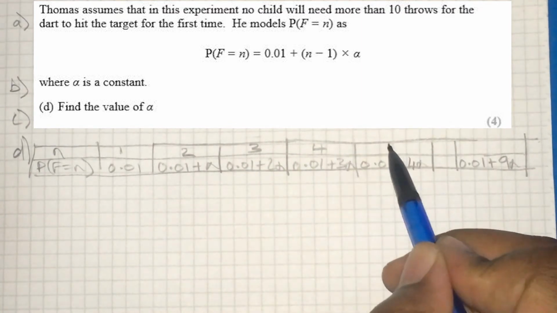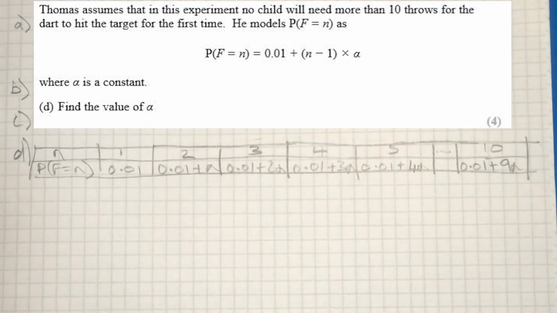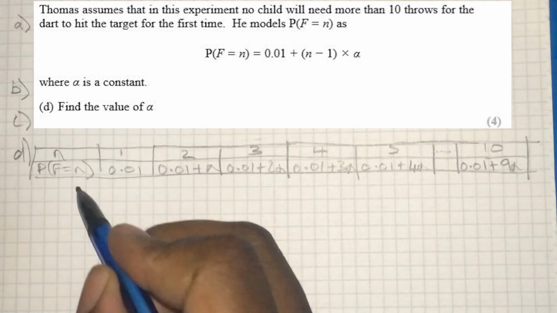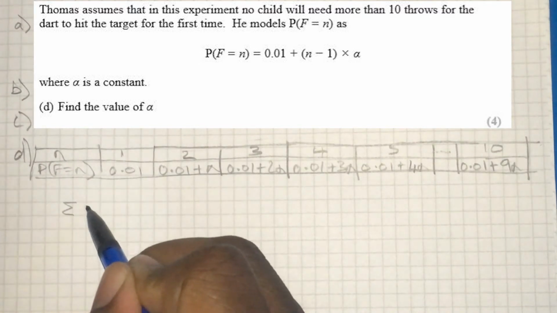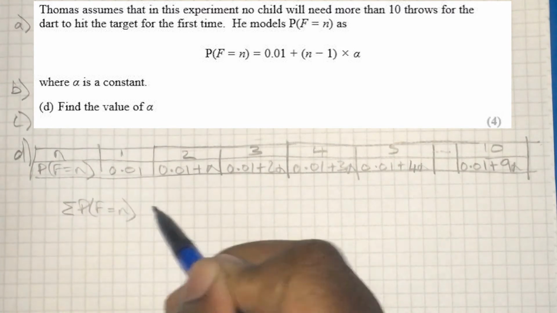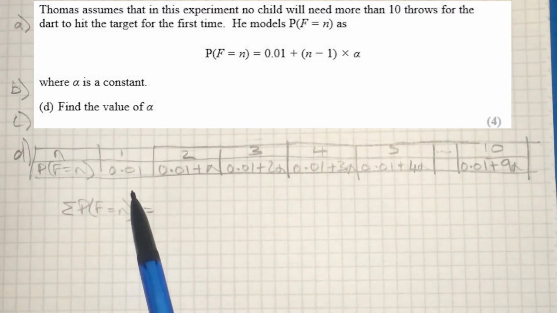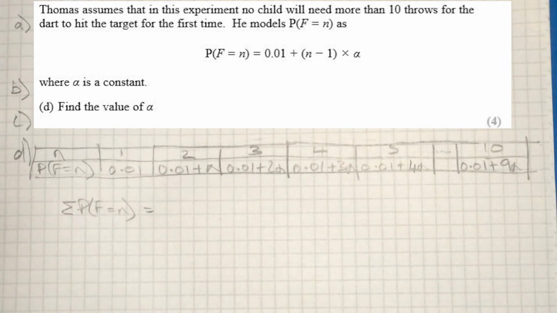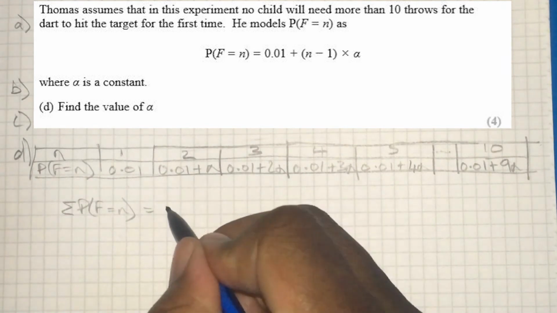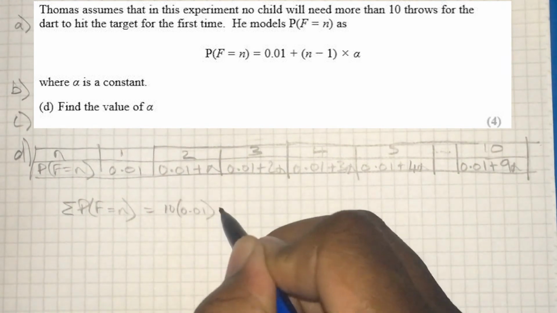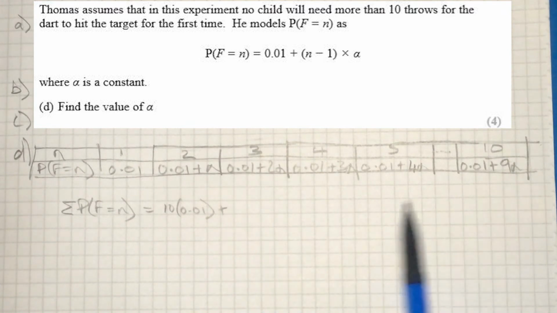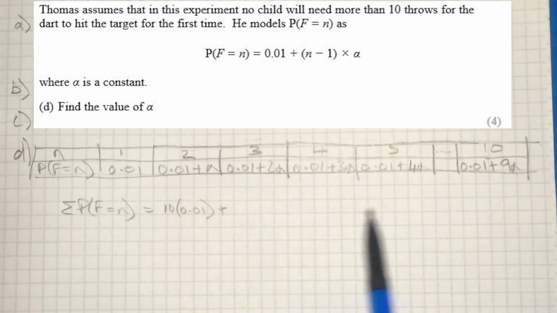Okay, so I also want to think about what would happen if I was to sum all of these probabilities together. Well, what expression would I get if I sum them together? Because I know that they should sum to 1. Okay, so there's a 0.01 in all 10 of these terms. So I can have 10 lots of 0.01. And then I can just think about how many alphas I'm going to have.